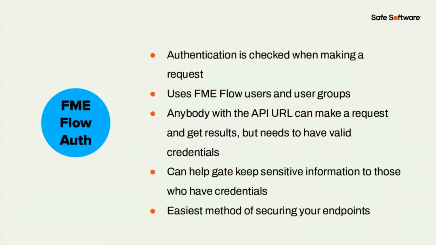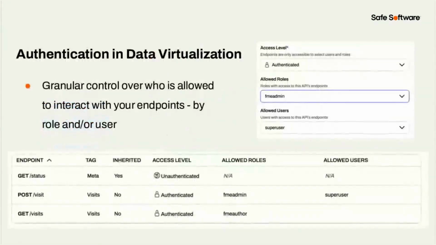It leverages the FME Flow users and roles setup, so you use the existing permission system in FME Flow to better manage access to your endpoint. Anybody can make a request to the API URLs, but they need to have valid credentials. And I'll also highlight in a moment what that means. This is the easiest way to secure your endpoint and gatekeep the sensitive information to those who are allowed to have access to it.